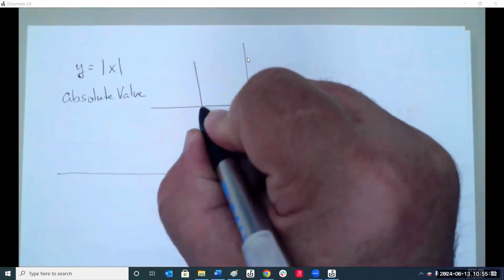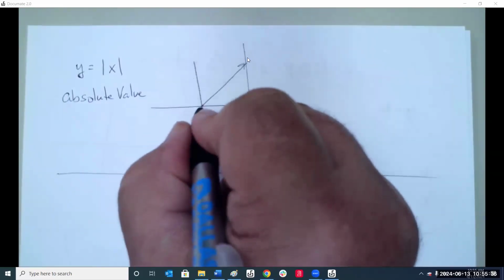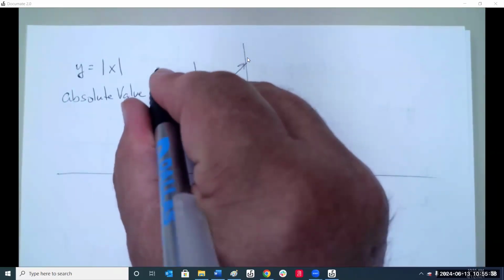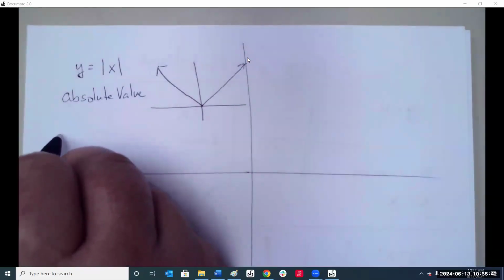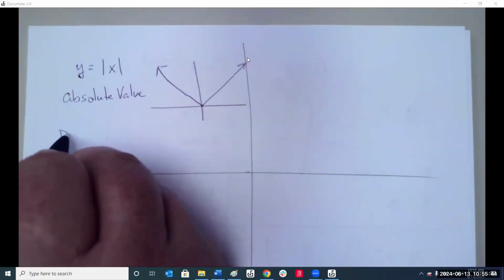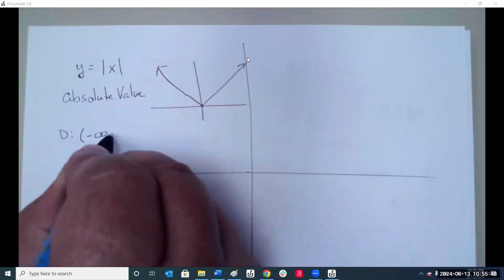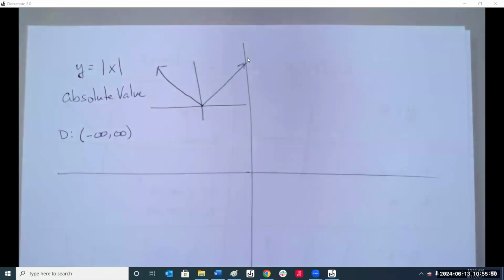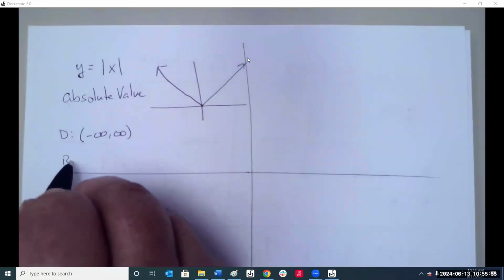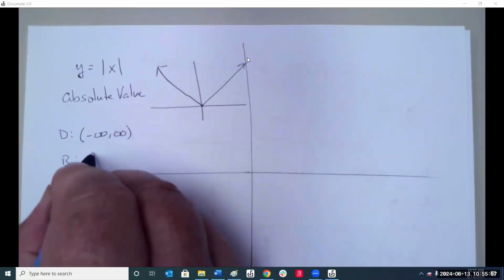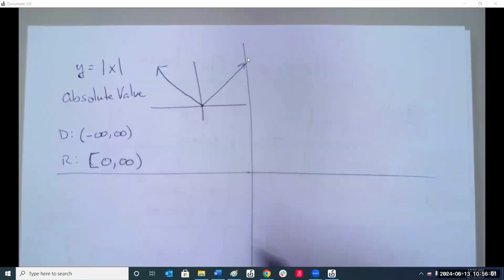What the graph looks like is when x is 1, y is 1, when x is 2, y is 2. Same thing with the negative numbers. The answer cannot be negative, though. So the domain is negative infinity to positive infinity. And you can see from the range, the lowest it can be is 0, and it goes up from there.